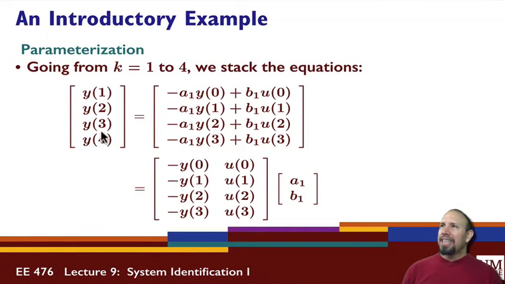I'm going to stack the data from 1 to 4: y1, y2, y3, and y4. If the coefficients A1 and B1 exactly define the model, then we get equality here. So y1 is equal to minus a1 y0 plus b1 u0, and y2 is equal to minus a1 y1 plus b1 u1.